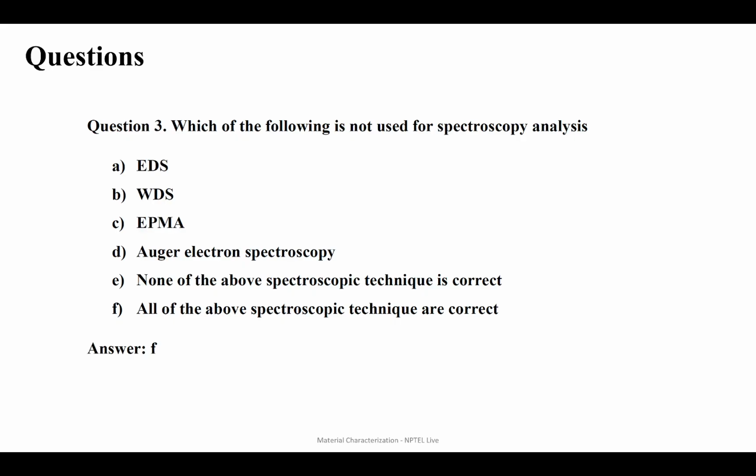That is correct. The answer would be F. So EDS, WDS, EPMA, Auger electron spectroscopy, all of these are spectroscopic techniques that are used inside an SEM. So the correct answer would be F.